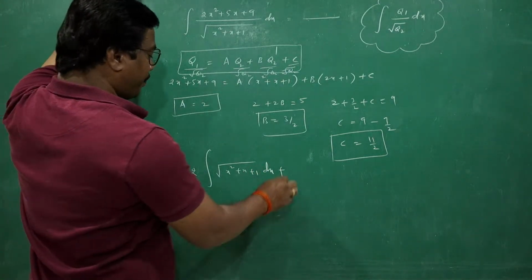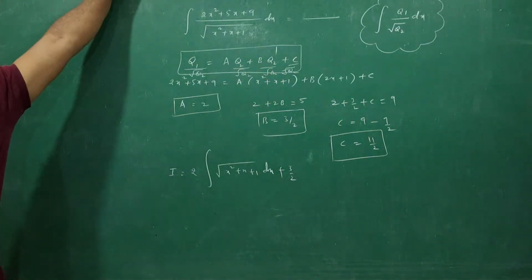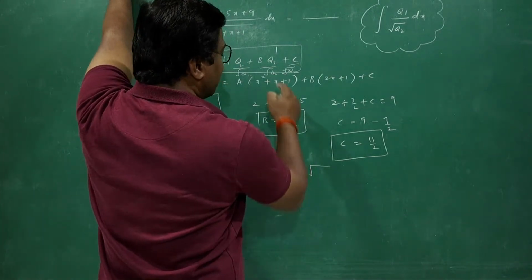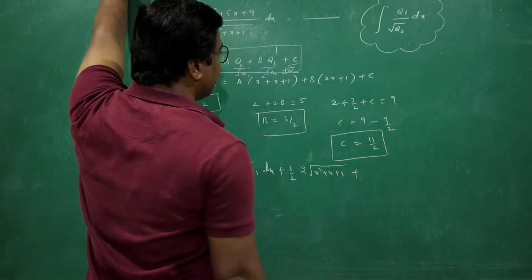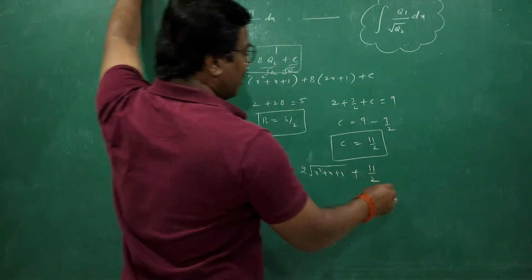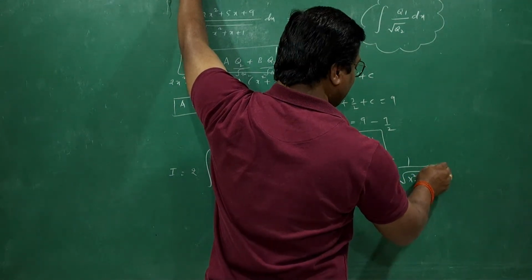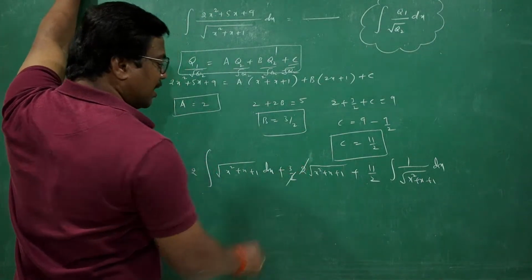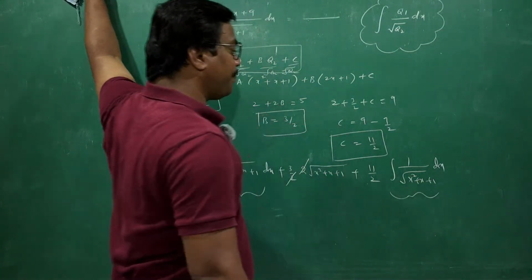Next, plus b, that is 3 by 2 outside, f dash x by root f of x, which is 2 root f of x, nothing but Q2, the denominator part x square plus x plus 1. Next, plus c value 11 by 2, integral 1 by root over x square plus x plus 1 dx. Now, 2 gets cancelled. You just have to integrate the first and third terms.